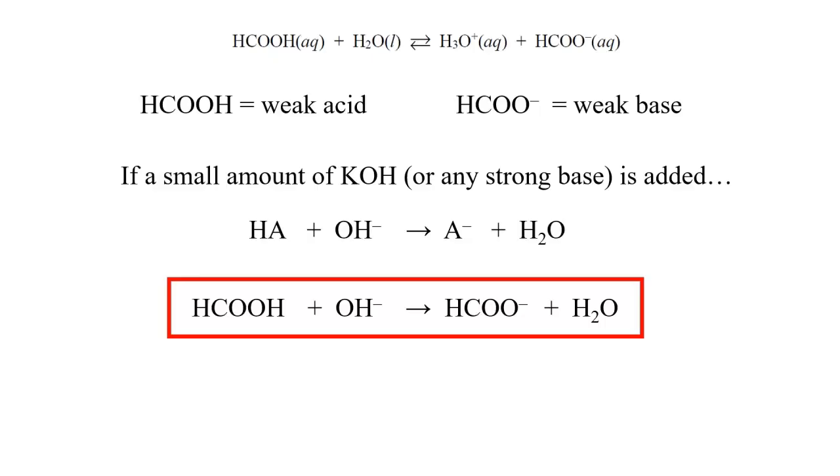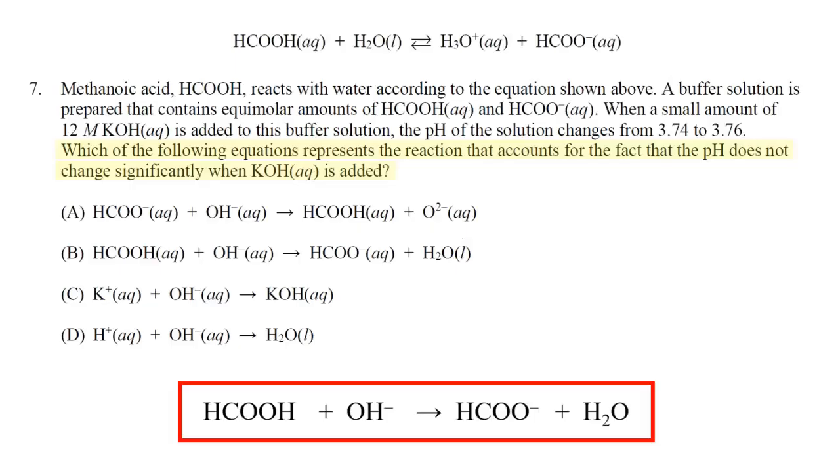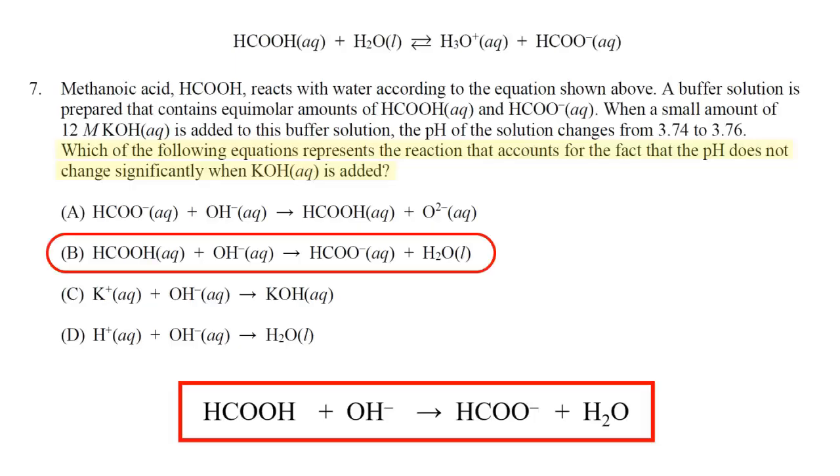So let's look at the 4 choices for question 7. Hopefully you can see why choice B is the correct answer. Choice A is incorrect because it shows the methanoate ion, which is a weak base, reacting with the hydroxide ion from the strong base. So that equation is incorrect. The methanoate ion would be a proton acceptor, not a proton donor in choice A. That's incorrect.